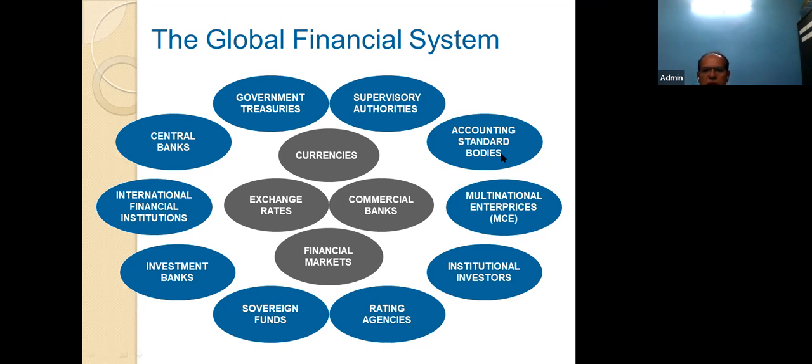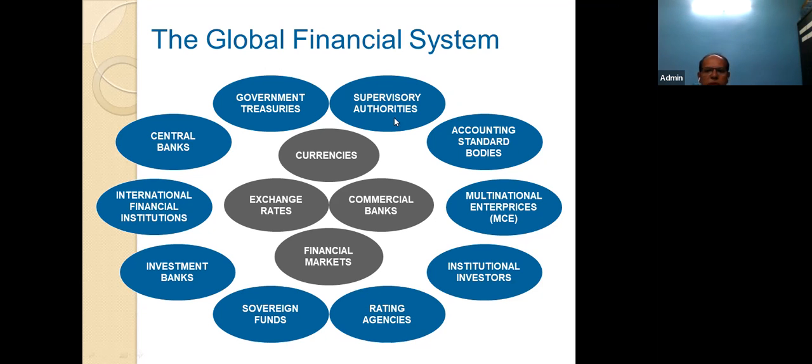So these accounting standards bodies are also playing an important role in this financial system. Otherwise, there would not be a standardized practice among different countries.